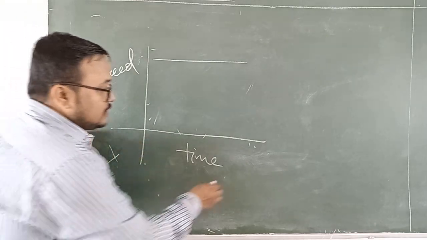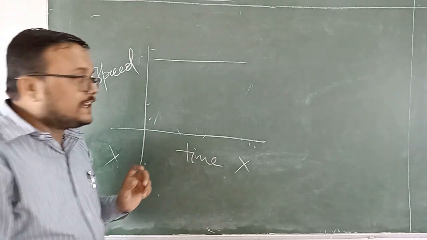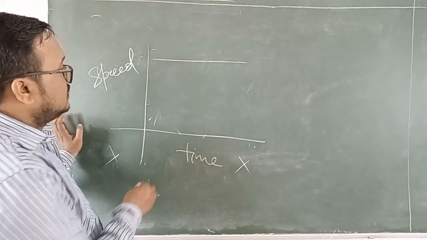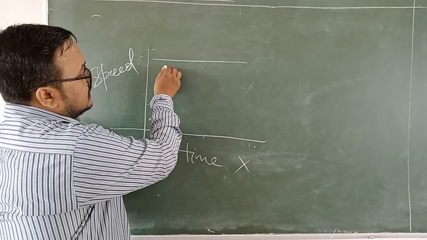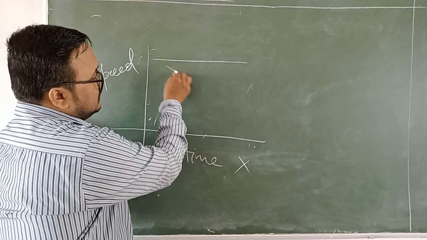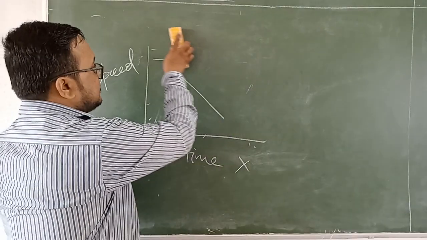It will not enter in this side because speed is never negative. So if speed is decreasing, then we can draw like that. This is the graph for deceleration.